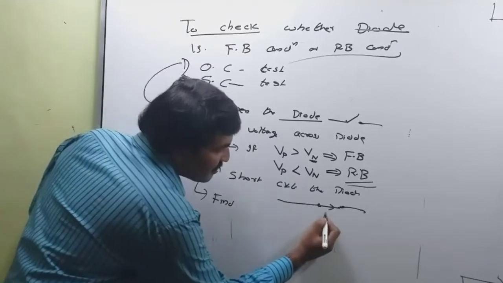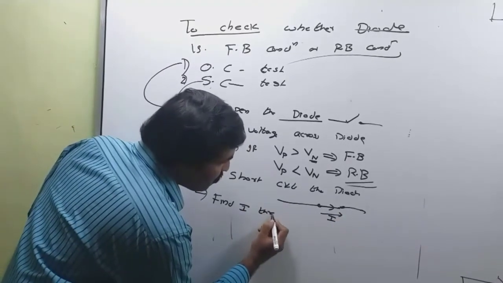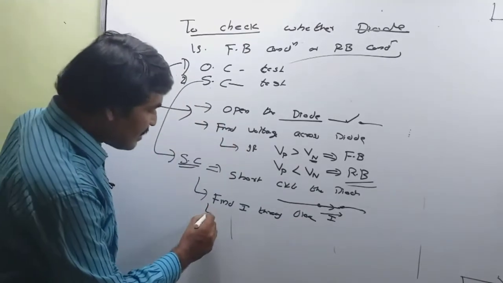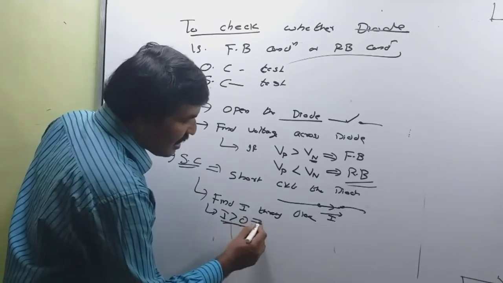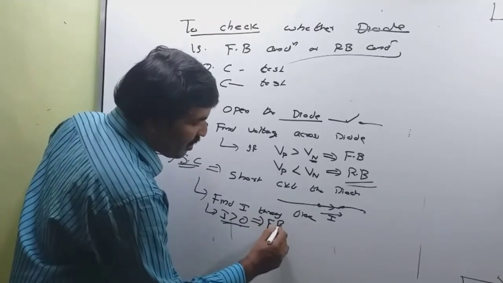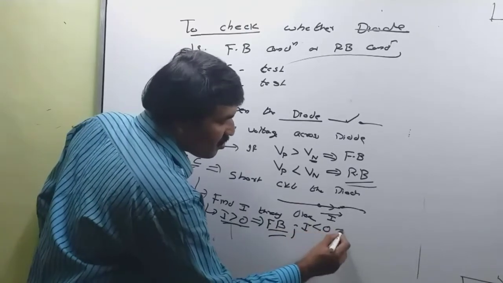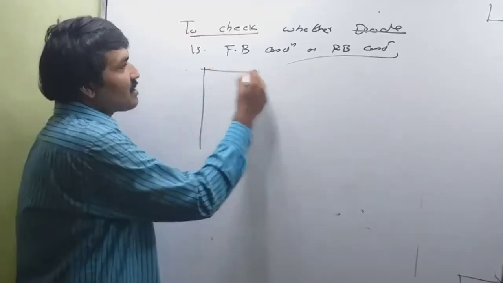If the current is greater than 0, that implies the diode is in forward bias condition. If the current is less than 0, that implies the diode is in reverse bias condition.